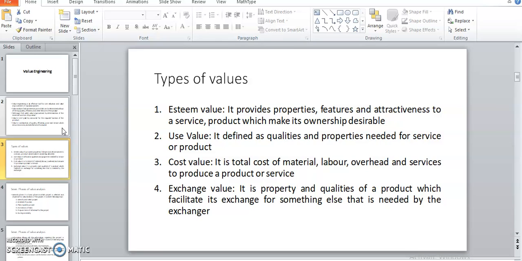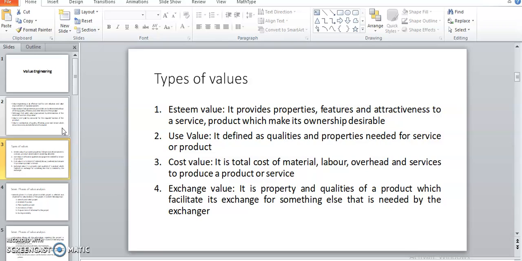Another one is the use value. It is defined in terms of the quality and properties of that particular product. The third one is the cost value, which is related to resources. It is the total cost of material, labor, overhead and services to produce that product. The fourth one is the exchange value.